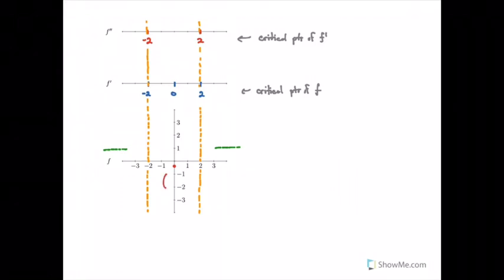This is the point 0, negative 1/4. I know that there are no x-intercepts, and I know that the function is even, so it's going to be symmetric about the y-axis.